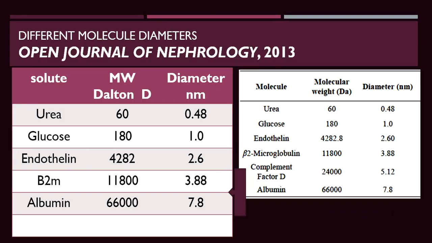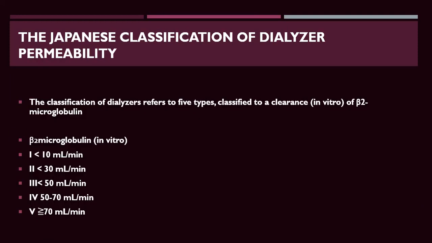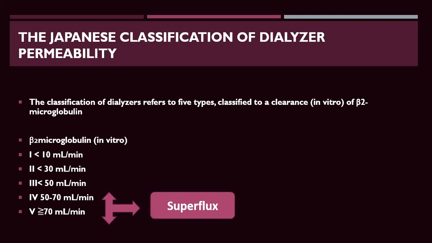Please remember that beta-2 microglobulin is 11,800 Dalton, while albumin is around 66,000. Urea is very small, only 60 Dalton. The Japanese classification, and I like this classification, classifies dialyzer membranes according to beta-2 microglobulin clearance.